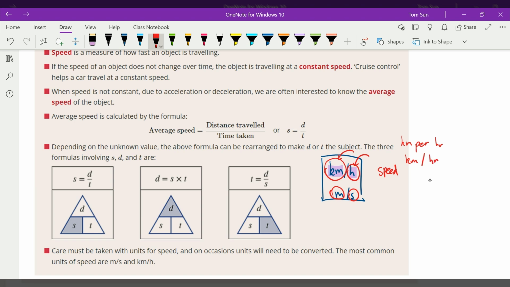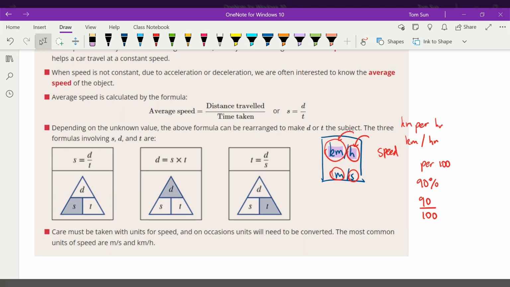Just like percentage means per 100, so 90% means 90 per 100, kilometers per hour is literally kilometers divided by hours, which gives us the speed they're traveling.